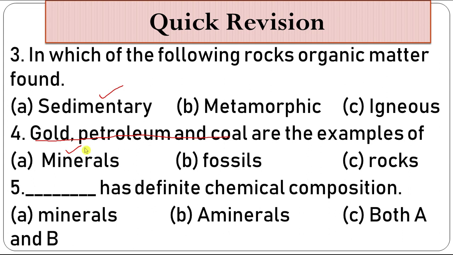Next question: dash has definite chemical composition, and your options are minerals and both A and B. You have to tell which has definite chemical composition. Answer of this question is minerals. Mineral has definite chemical composition.